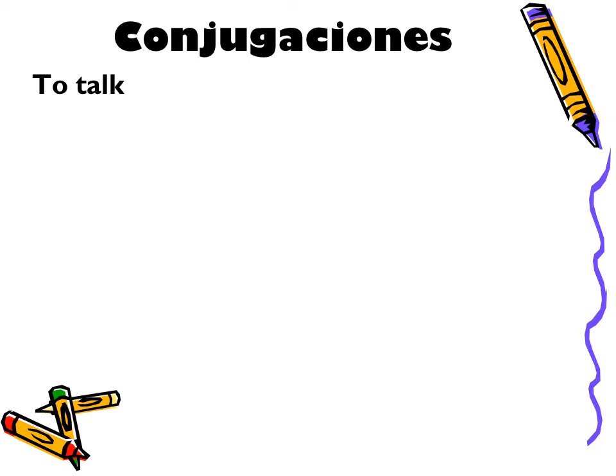Now, let's talk about something that in Spanish is called conjugaciones. Let's take the verb to talk. In English, when you use the verb to talk, and let's say you want to use it with the pronoun I, we don't say I to talk. We say I talk.